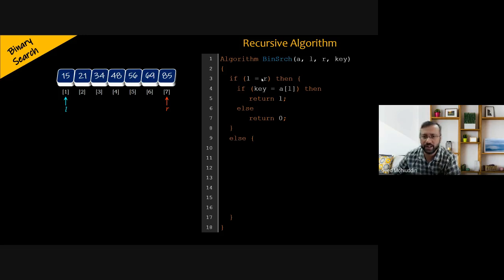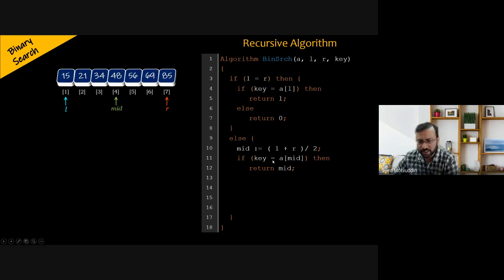Else, the problem is large. We have to divide that problem. When we are dividing the problem, we use the same strategy, that is mid equal to L plus R divided by 2. Now, we have to check whether the element is present at the mid index or not.